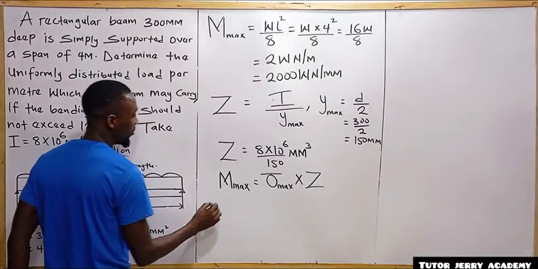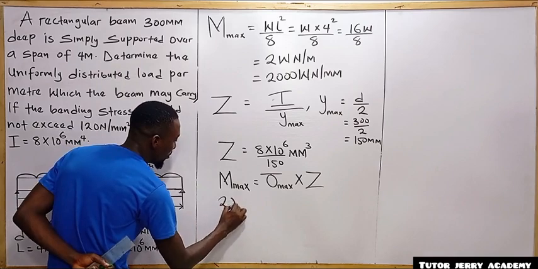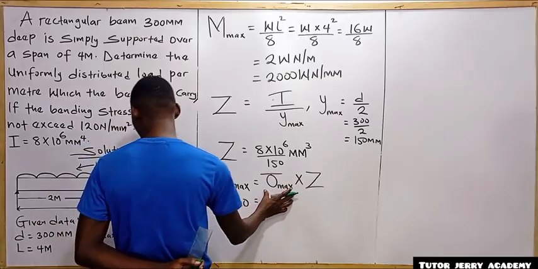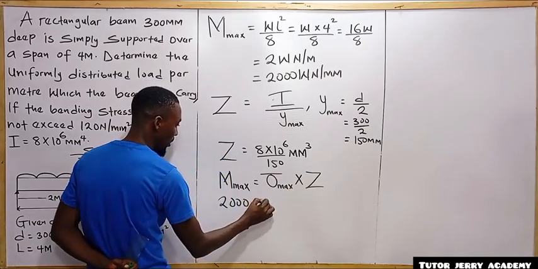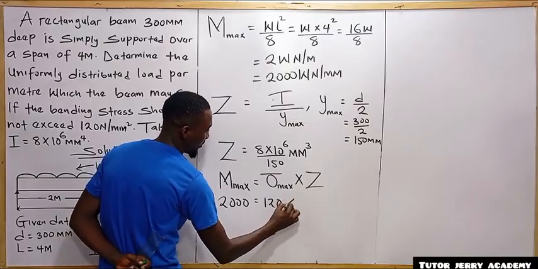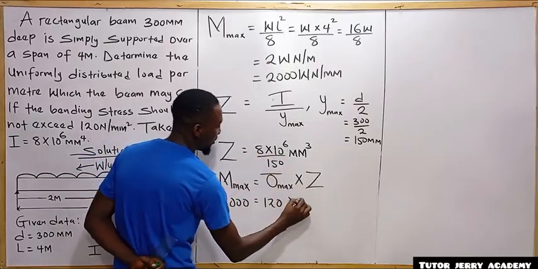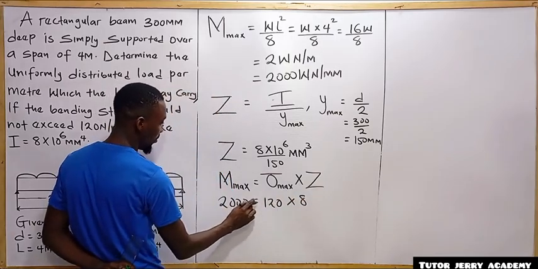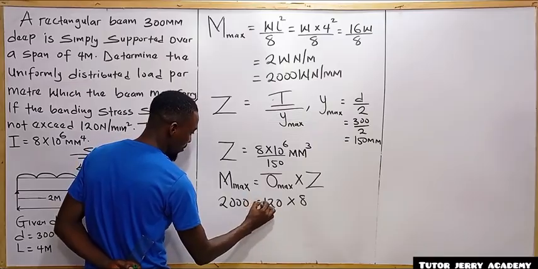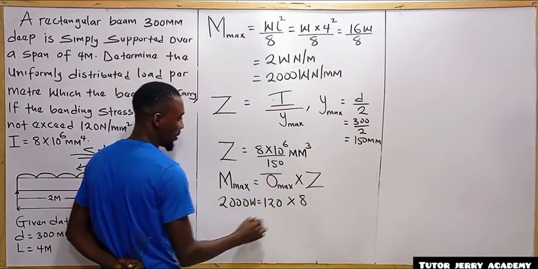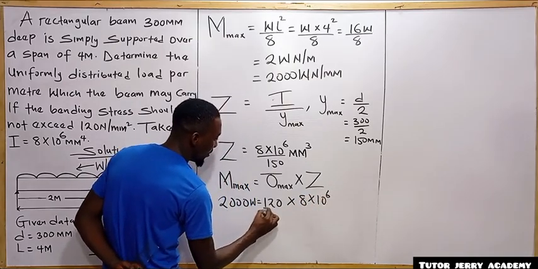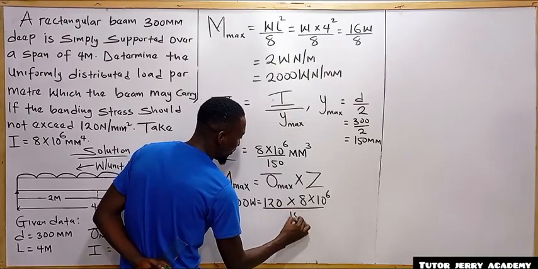So here we are going to have 2000 W to be equal to the maximum stress, which is 120, times our sectional modulus, which is 8 times 10 to the power of 6 divided by 150.